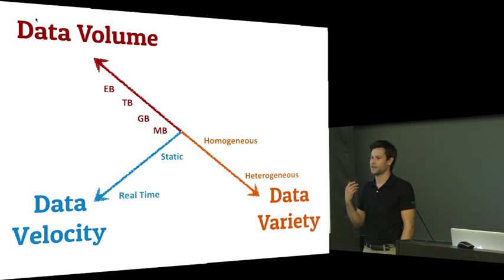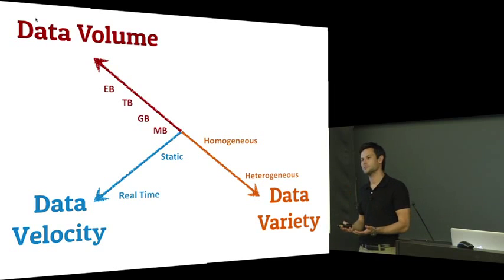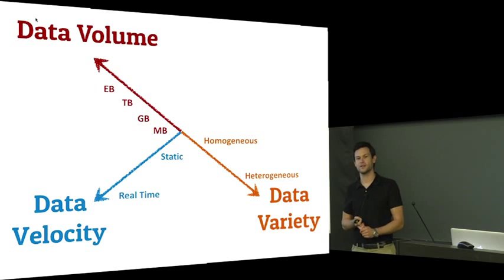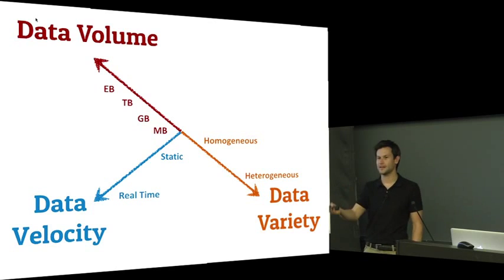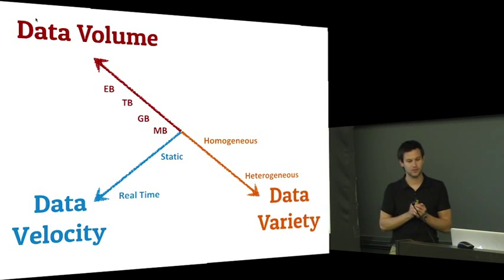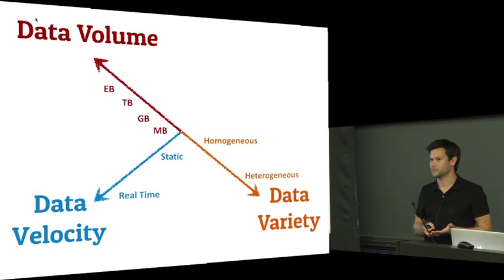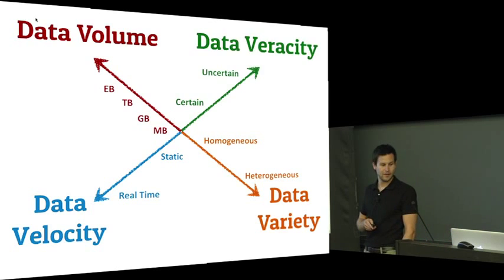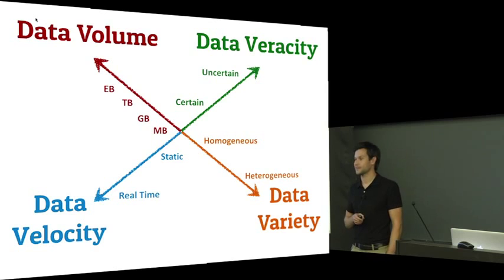But if you have heterogeneous data, multiple tables with different meaning, different semantics, and you additionally have graph data, text data, and you need to merge this to actually solve one particular problem, this is what makes it really hard. It's the data variety. And the fourth one is data veracity.